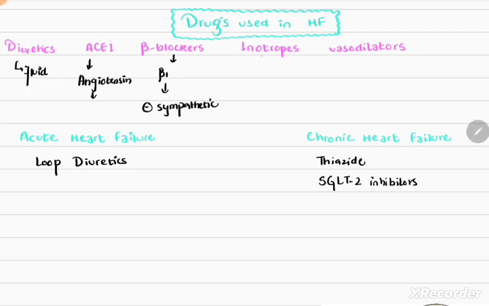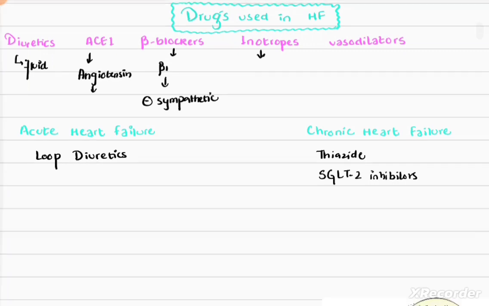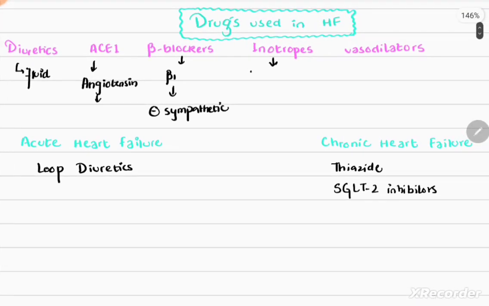There are drugs which are known as inotropes, and these are basically used in acute heart failure, in which the cardiac output is so low that it does not maintain the perfusion of the vital organs, that are the brain and kidneys.